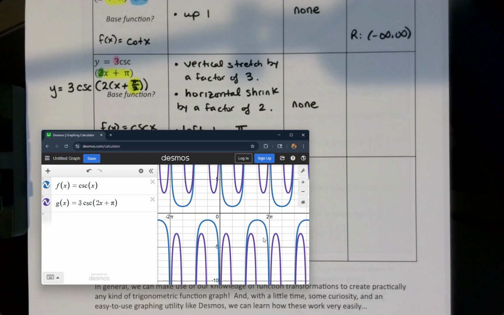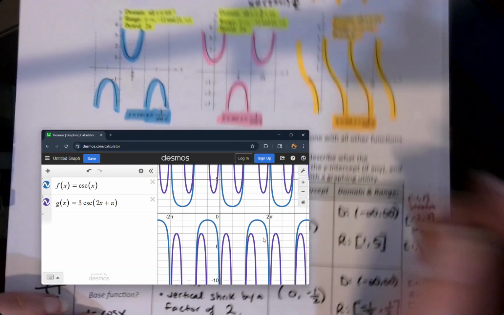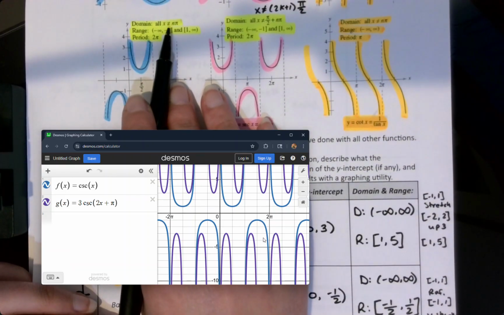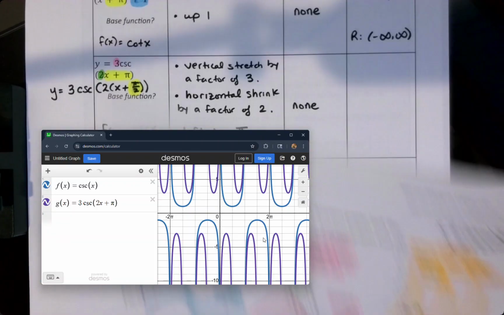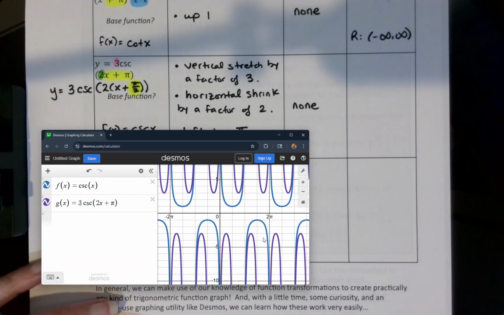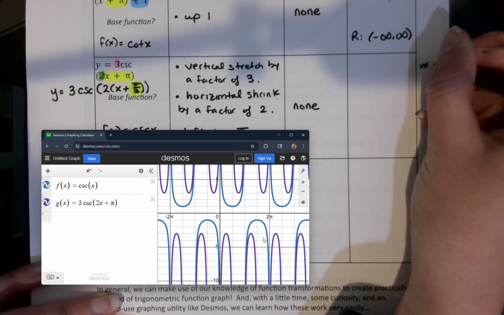So in terms of the domain, that did change. Let's look at the domain of the original again. The domain of the original was all things that are not multiples of pi. So I'm going to write that outside: x is not a multiple of pi.